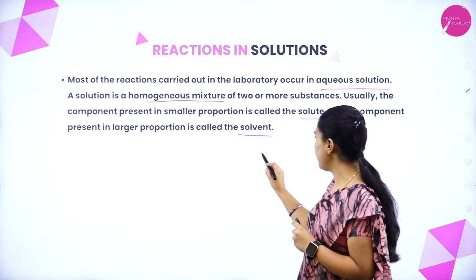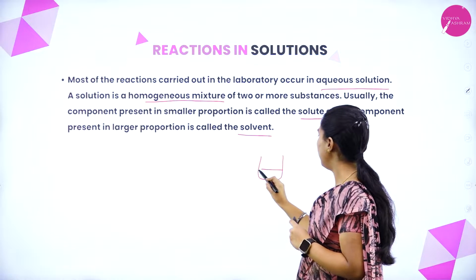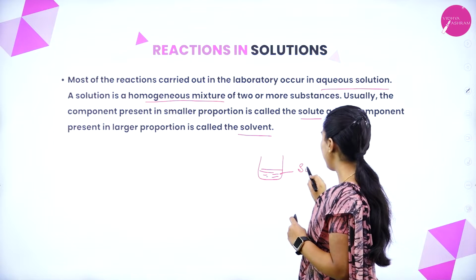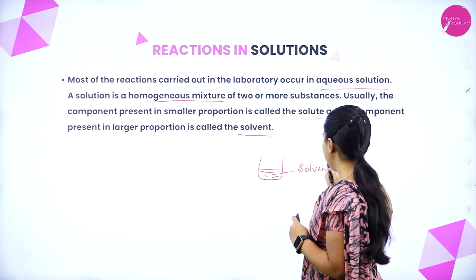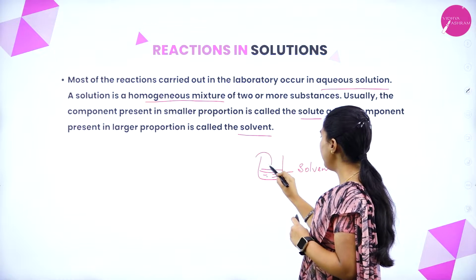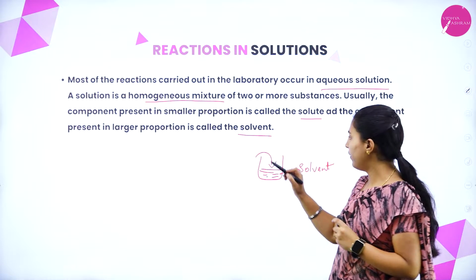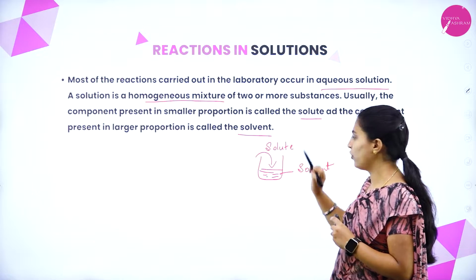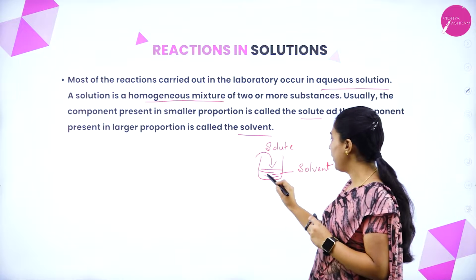We know that if it is a beaker, any liquid present here in a larger proportion is the solvent. Whatever we are adding to dissolve in this solvent will be in a smaller proportion, that we'll call solute.